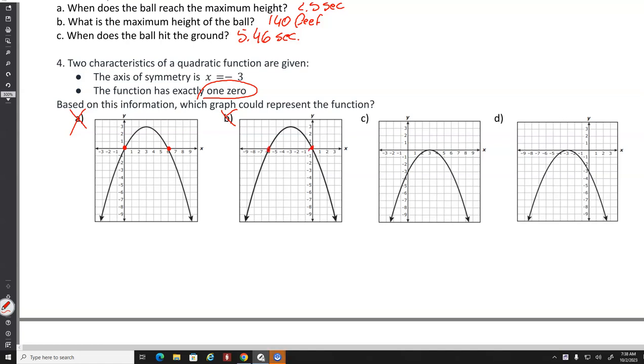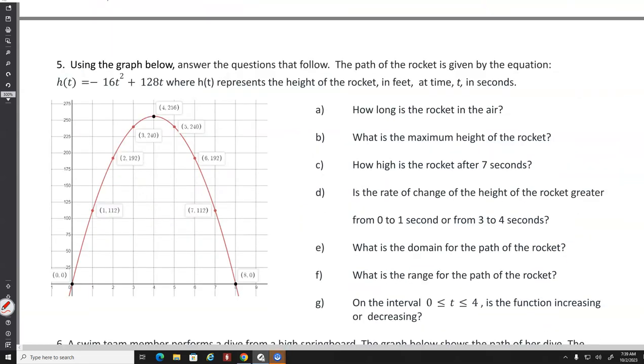So it could be either C or D because they are touching the x-axis at one point only. And now the axis of symmetry is going to be at -3, so that means it has to be answer D, because it's going through -3. Here it's going through +3. So it has to be answer D.